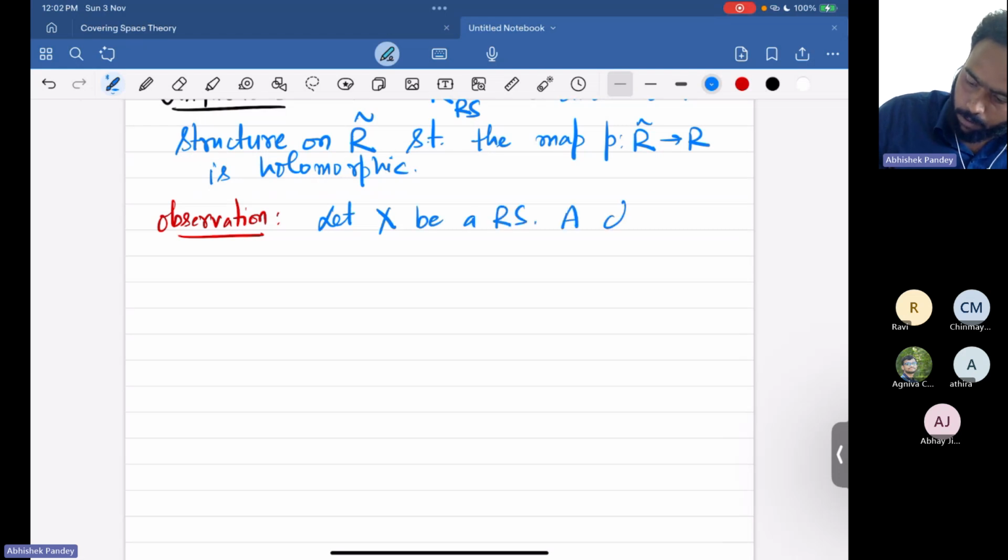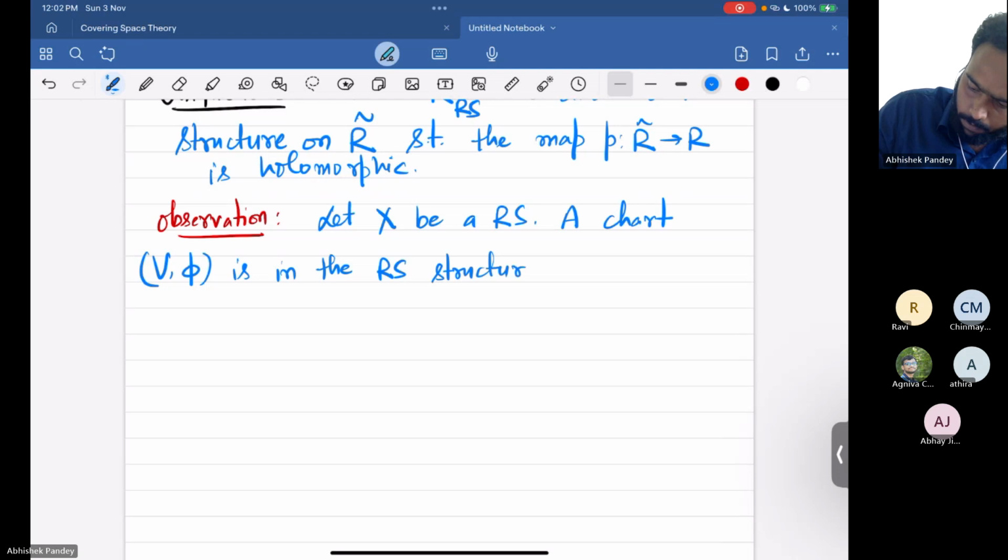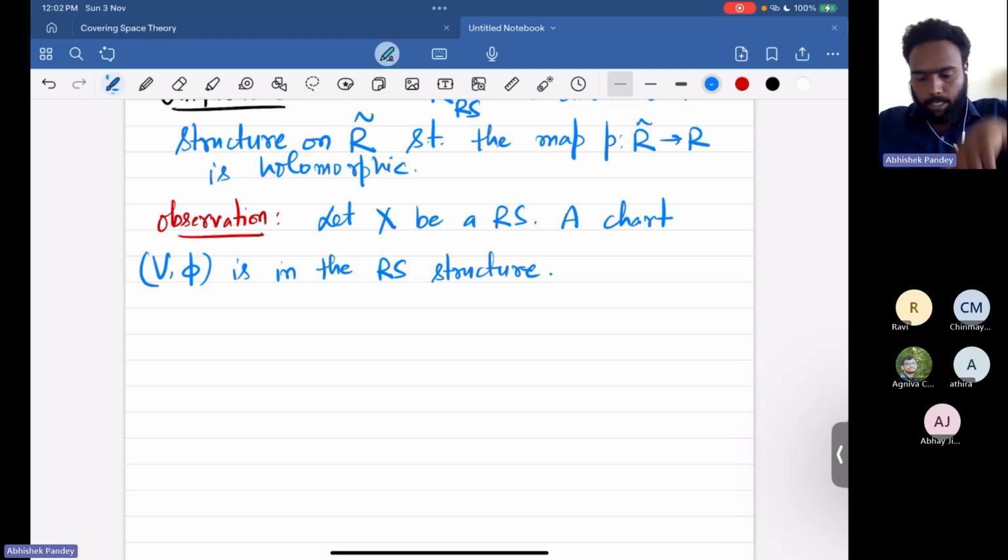A chart V comma phi is in the Riemann surface structure. So basically, this chart belongs to the maximal atlas, which contains all the charts compatible to this chart V comma phi.